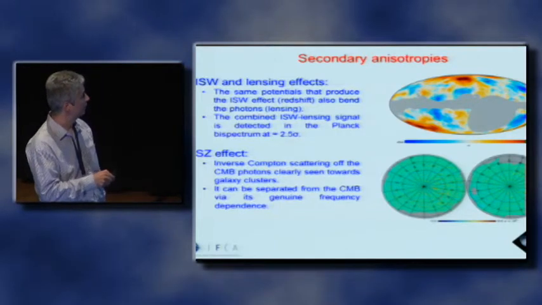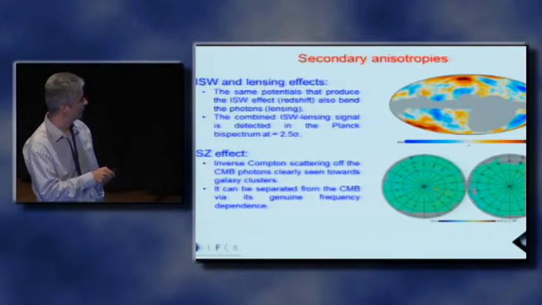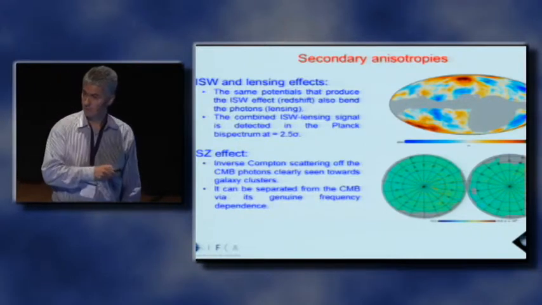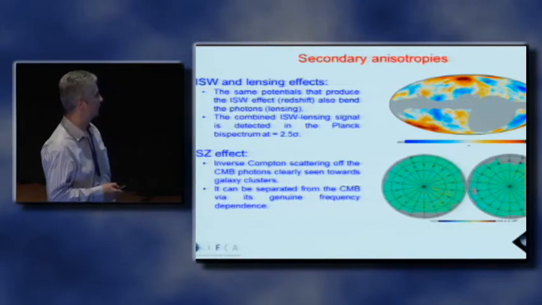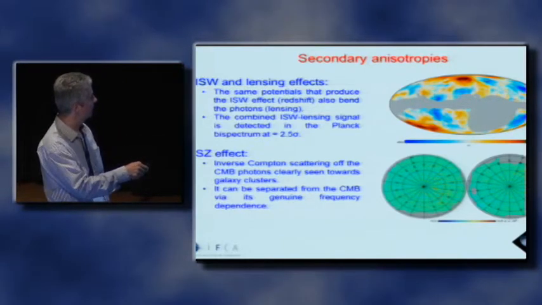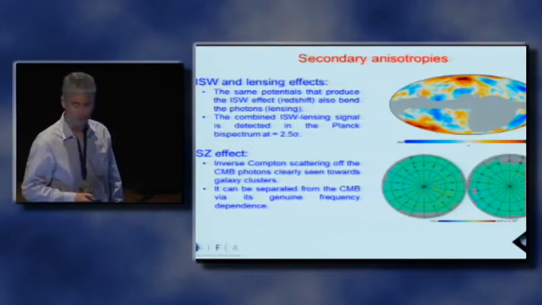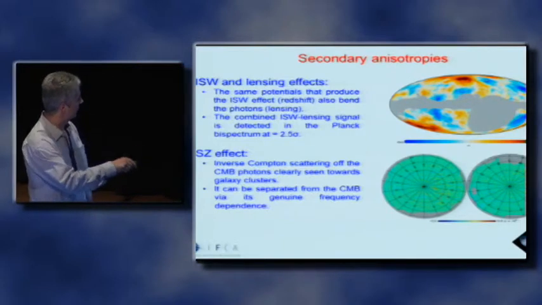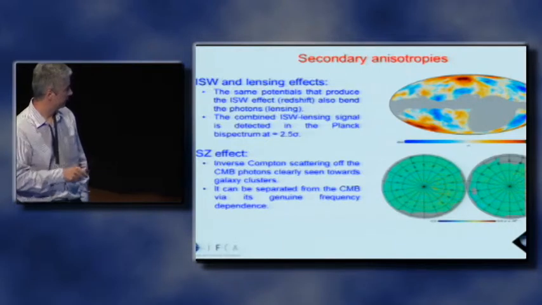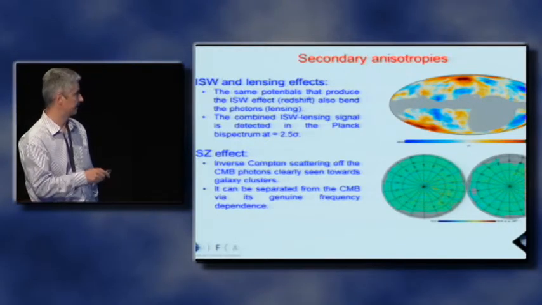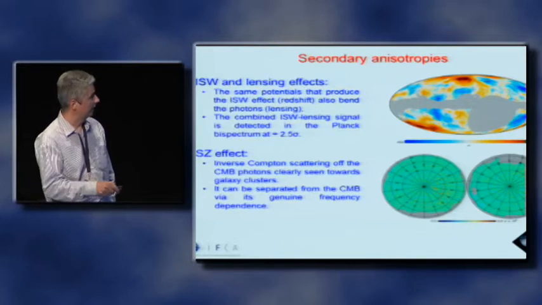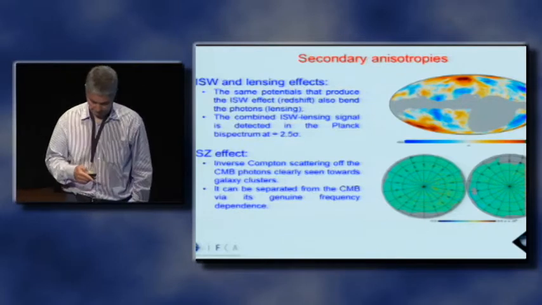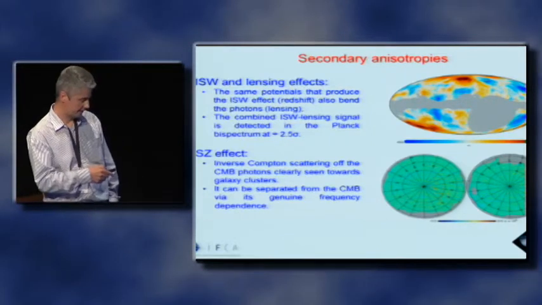There you expect a cross-correlation signal, and it's found best with the bispectrum, going to the 3-point distribution. This is detected at the 2.5 sigma level, as expected by the standard model. Other effects come from the hot gas, mainly seen in rich clusters of galaxies. Here is a picture of the distribution of this SZ effect.